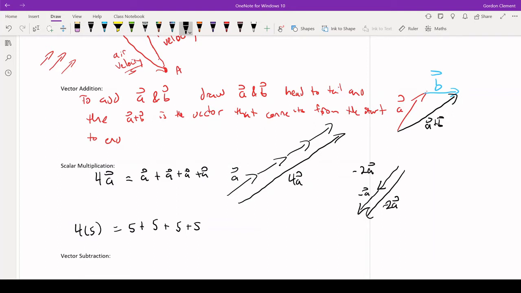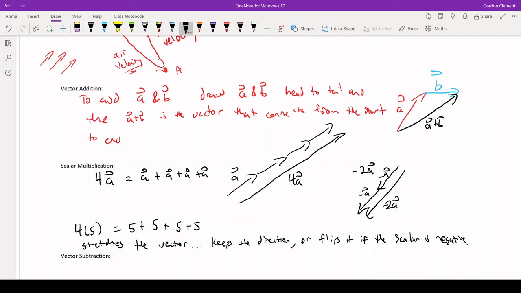So these would both be minus A's in that case to go the opposite direction. And so scalar multiplication stretches the vector. It either keeps the direction exactly the same or flips it if the scalar is negative.